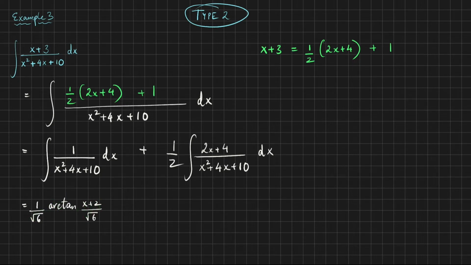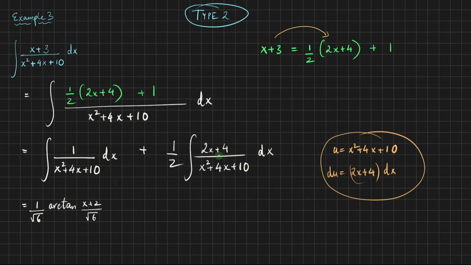The second integral can be evaluated by substitution. We can simply set u to be x squared plus 4x plus 10, and therefore we get du as 2x plus 4 dx. And now you can see the point of splitting up x plus 3 in terms of 2x plus 4. That was the whole point of doing this step, so that we can evaluate this integral by substitution.